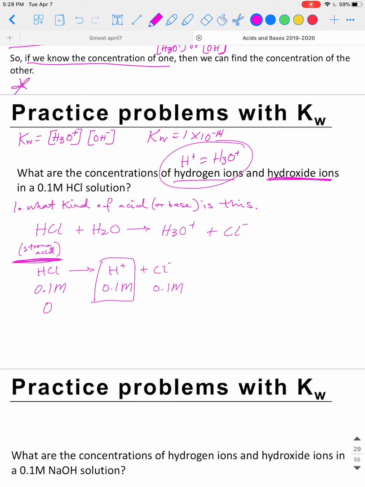Well, if we know Kw, our friend Kw, we know two parts of the equation. We know the value for Kw, 1 times 10 to the minus 14, and we now know the concentration of H plus. And remember, H plus and H3O plus are the same thing. So we now know the concentration of 2 of the 3 pieces of this equation. Here's what we know. Kw equals, I'm just going to write it.